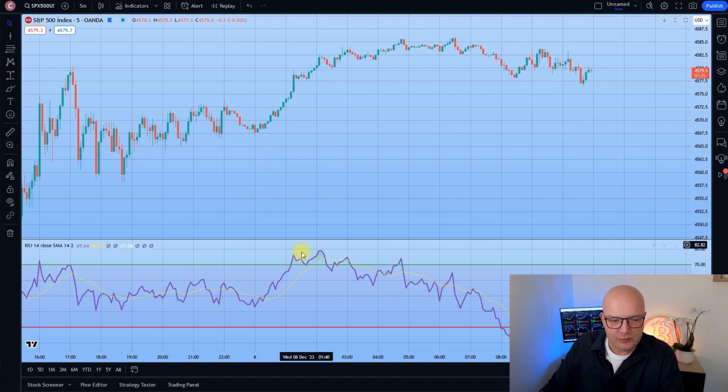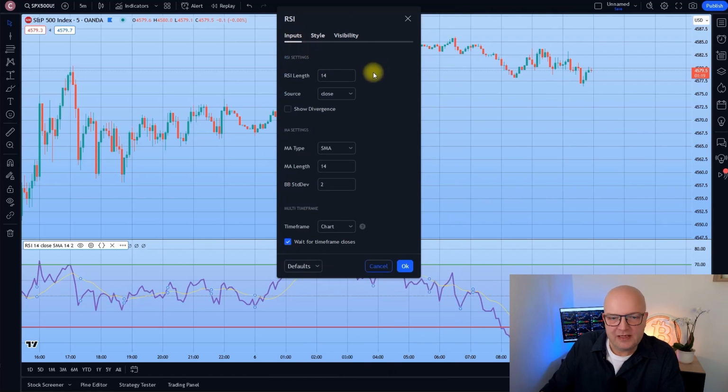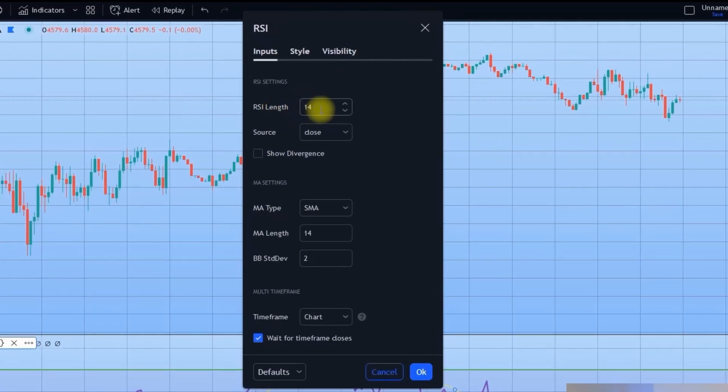Okay, the second thing we want to do is go here again to the settings of the RSI, into inputs. We want to make sure that our RSI length is 14. This should be the standard that is applied, and that the source is close. And we want to change the so-called MA settings, which stands for moving average, to a WMA, which stands for weighted moving average.